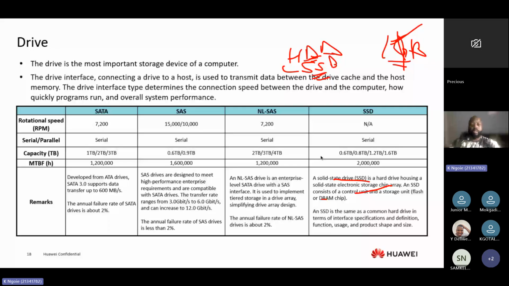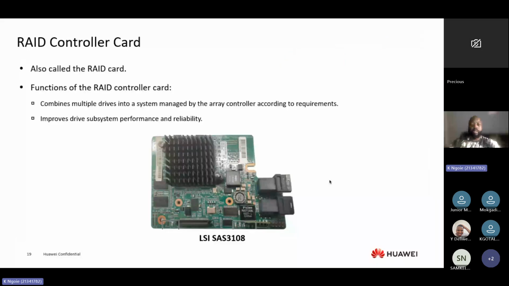And then we have a RAID controller card. This is just a card that can be added to a device, or some devices come with it. When you're dealing with data, or building programs, especially when you're training AIs, sometimes you will have to add a certain card to your computer.